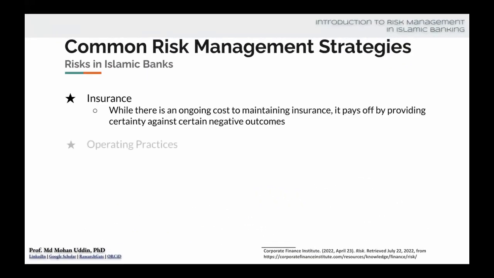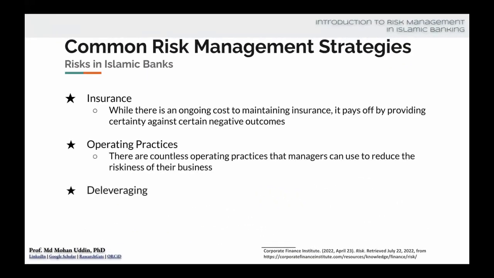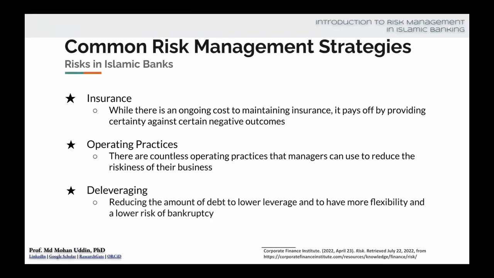Sometimes it is using insurance. Operating practice, they are maintaining a very good operating practice. They are also deleveraging. Okay, so a combination of all these methods is usually used by different business organizations, and in case of Islamic Bank as well, definitely these are very commonly used risk management strategies.